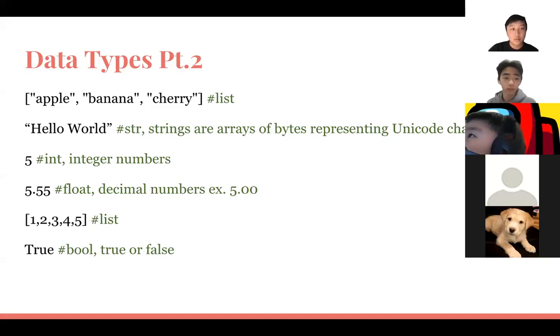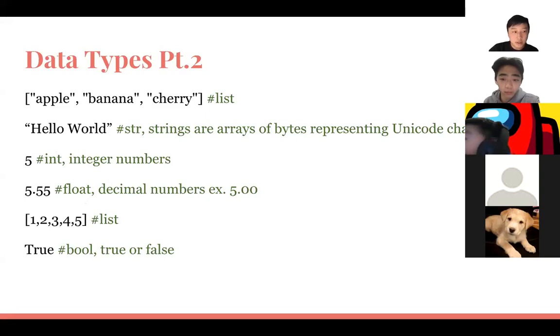It is just a whole number, but it can also be negative. And we have floats. Floats are very similar to ints, but they're decimal numbers, so they have additional digits. For example, if 5 is declared as a float, then it would be 5.0. So instead of just a 5, there would be a point and then 0.